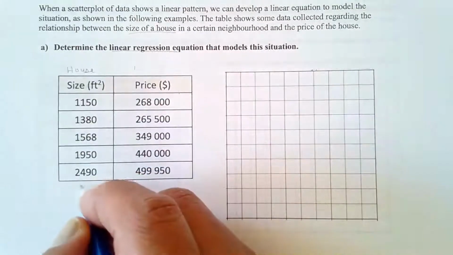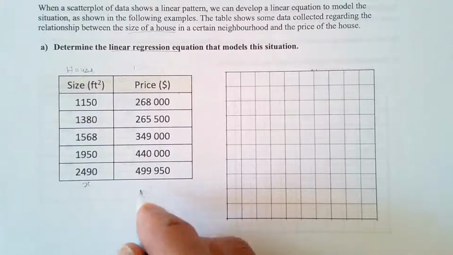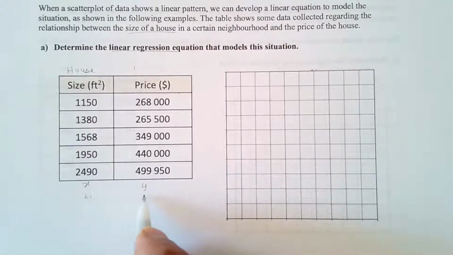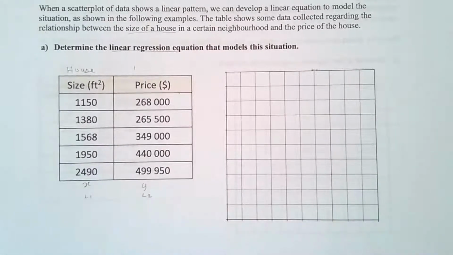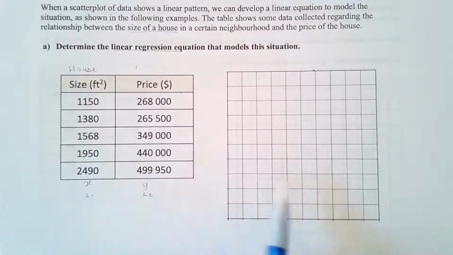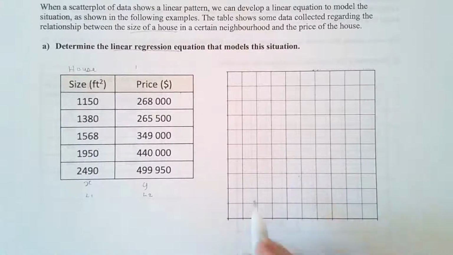This will be our x-axis, and this will be our y-axis. In our calculator, this will be L1 and this will be L2. So we want to transfer this set of data onto our graph.